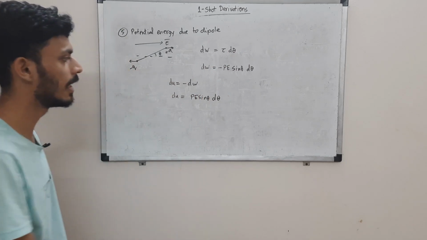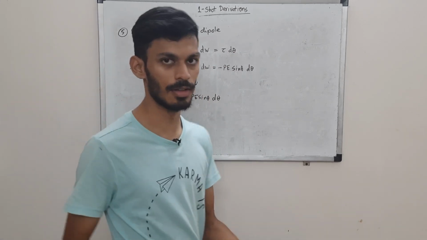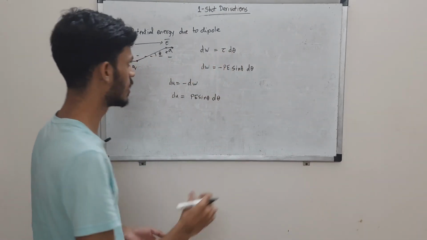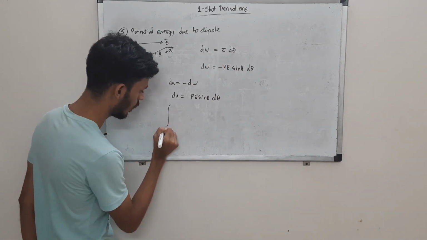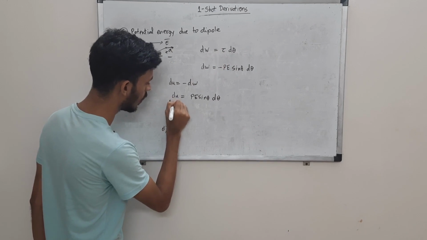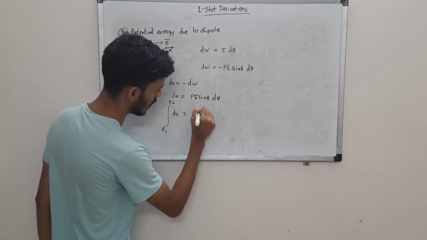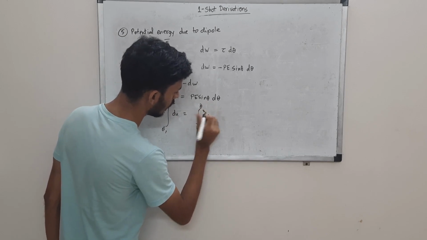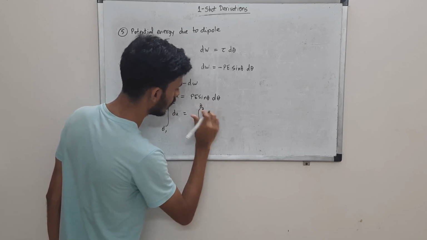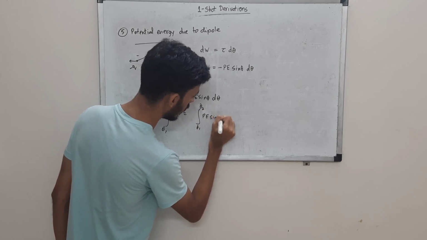Now we can integrate this and find the change in potential energy if you change the angle from theta 1 to theta 2, let's suppose. So theta 1 to theta 2, P E sin theta d theta.